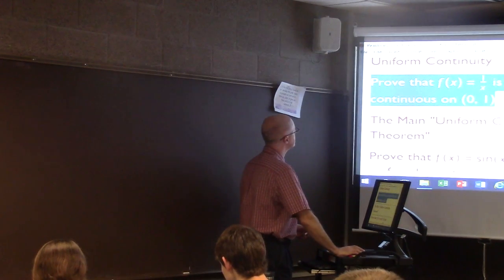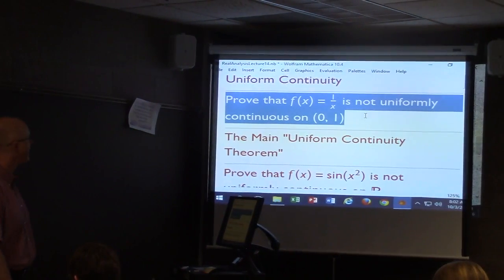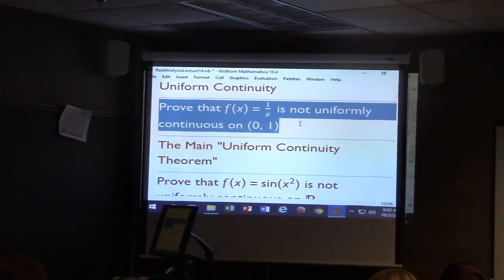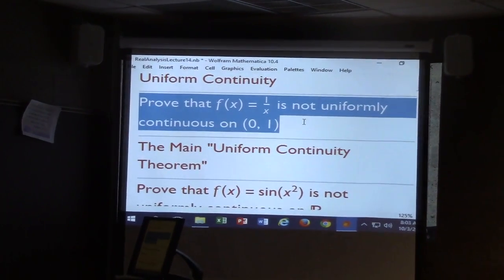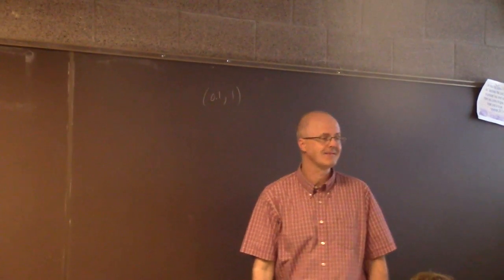Let's take a look at this example. Prove that f of x equals 1 over x is not uniformly continuous on the open interval from 0 to 1. The book proved it was uniformly continuous on an interval, I believe, of the form 0.1 to 1 or something like that.